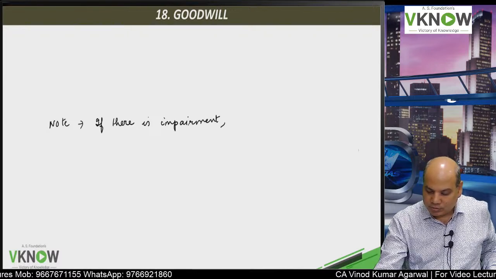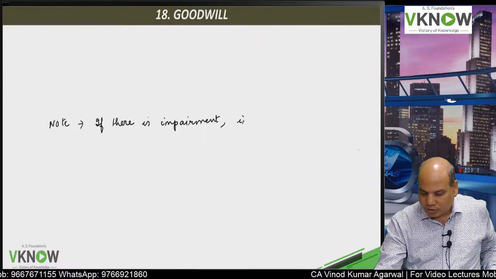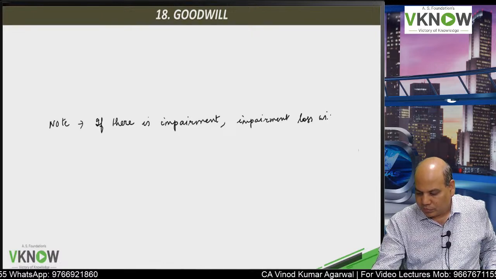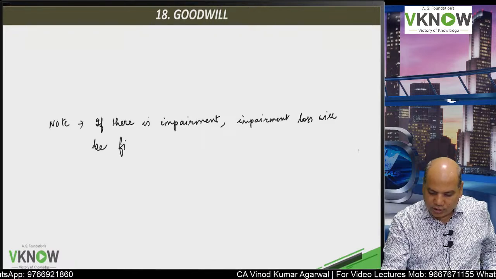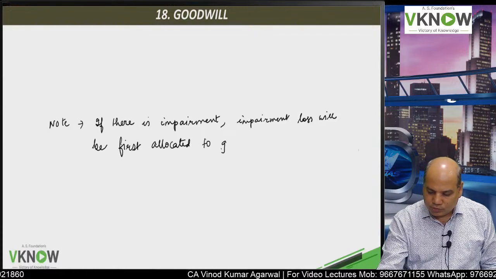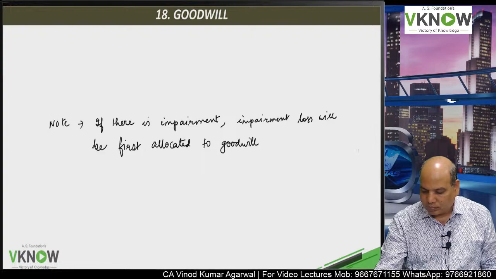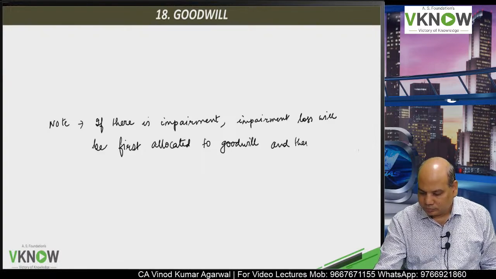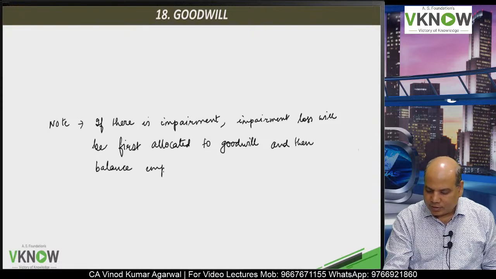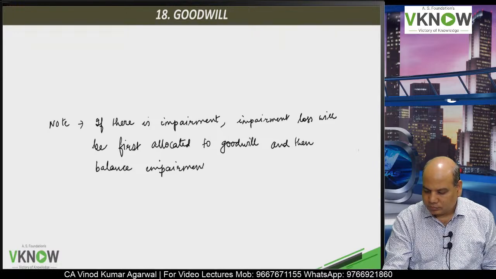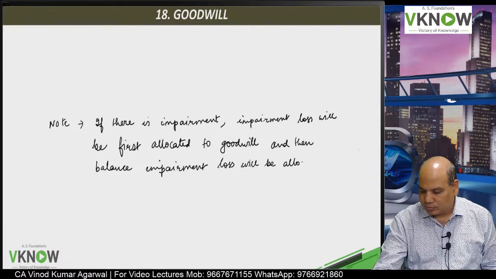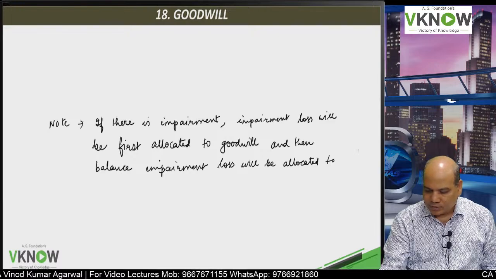If there is impairment, impairment loss will be first allocated to goodwill, and then balance impairment loss will be allocated to CGU.